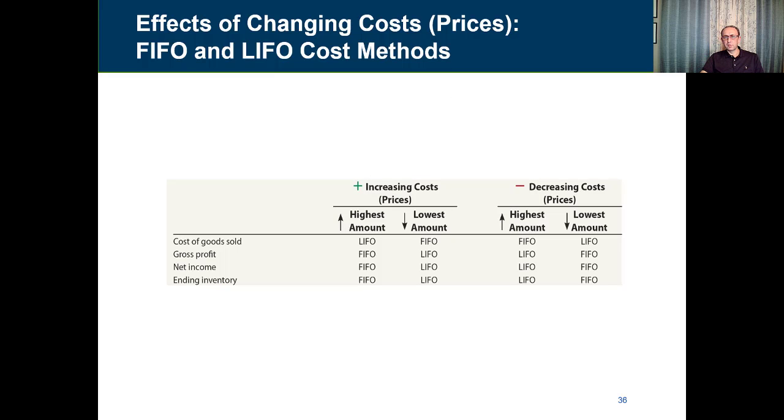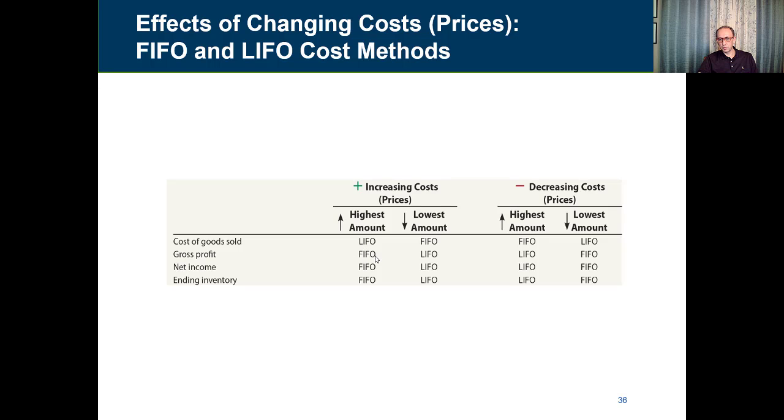Now let's see the effects of changing costs on the FIFO and LIFO cost methods. We're comparing FIFO to LIFO, and by the way, the weighted average would always be something in the middle. In the case of increasing prices, which is normally the case, LIFO would give us the highest cost of goods sold.